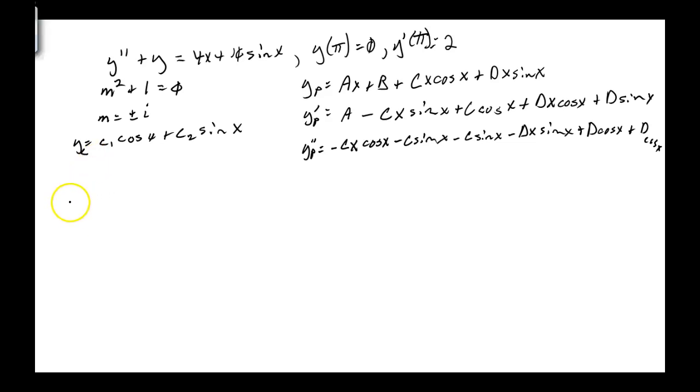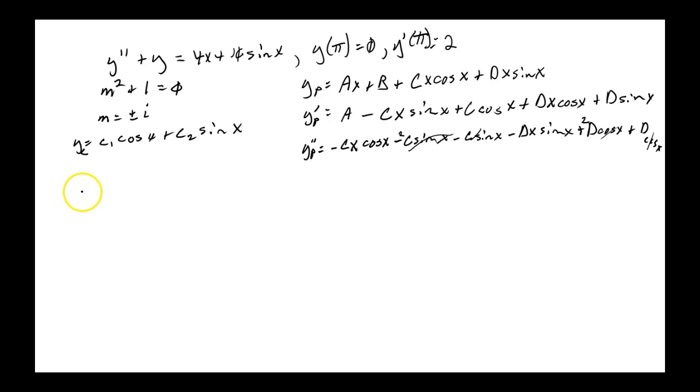So now let's put them all together. The y double prime. Let's see if we can combine anything first. Of course, these two combine to be minus 2, and these two combine to be plus 2. Okay? All right. So let's see what we got. y double prime then.